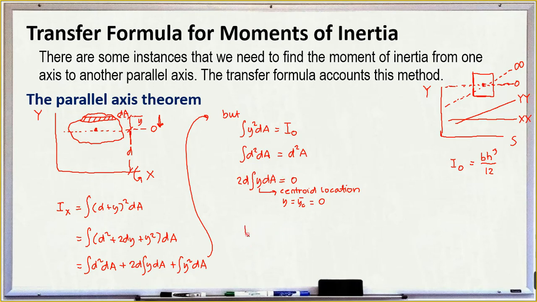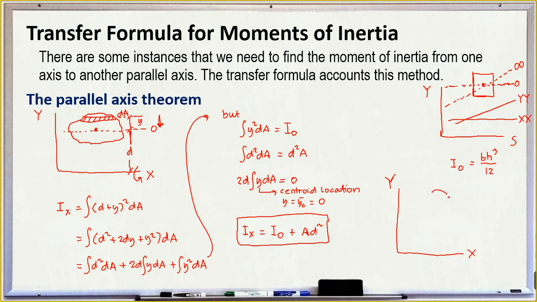Therefore, the moment of inertia along x is just equal to the moment of inertia at the centroid plus the area times its distance d squared. This is the general formula for the parallel axis theorem. Now, we can use it, for example, on the xy plane.